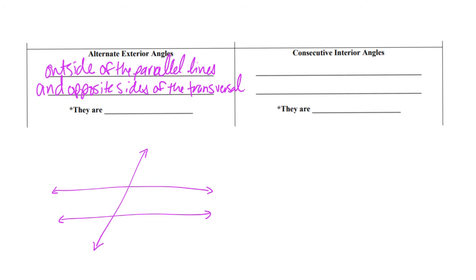So what that means is they're going to be outside the parallel lines, out here, on the outside edges. And we need to label them opposite sides of the transversal. So if we have this one where this maroon star is, the other one is going to be down here. So it has to be on the other side, like if they're roads, the other side of the street. So on the outside of the two parallel streets and on the opposite corners. Then these would be another set of alternate exterior angles, and they are congruent.